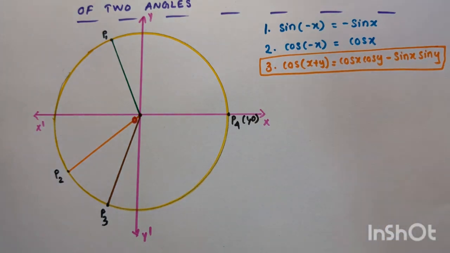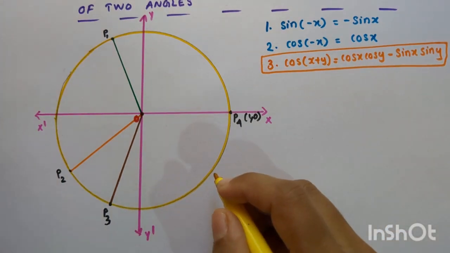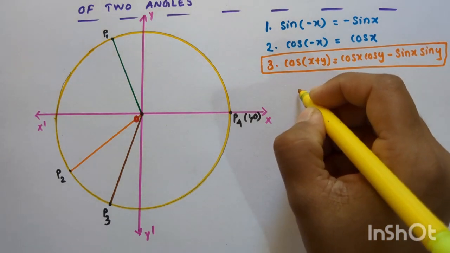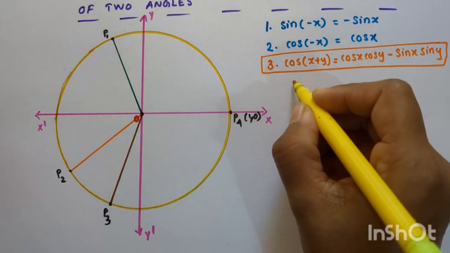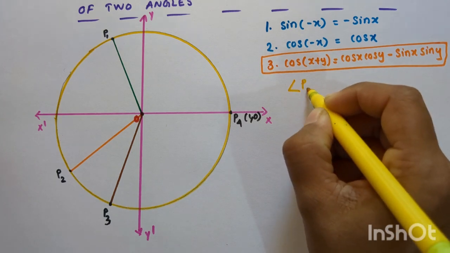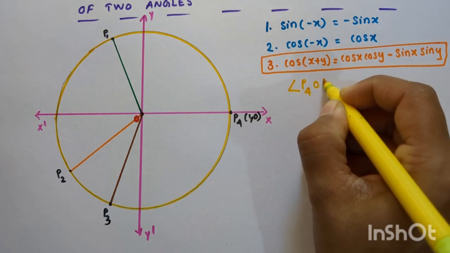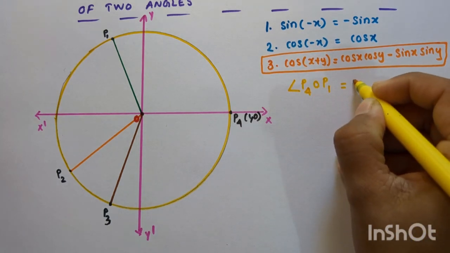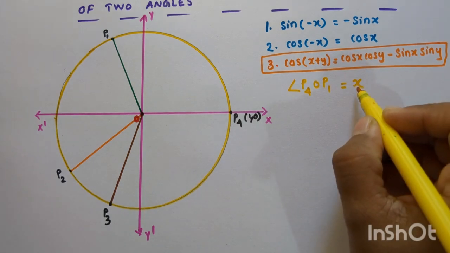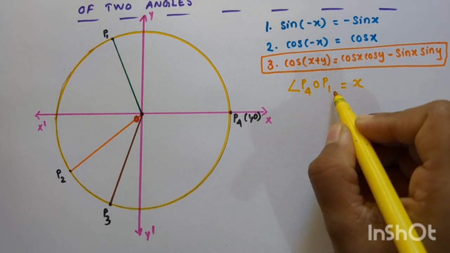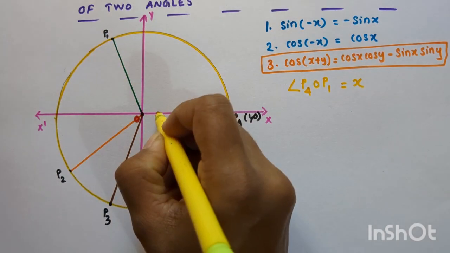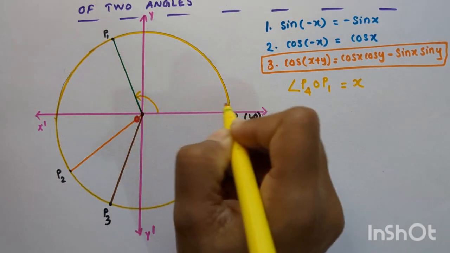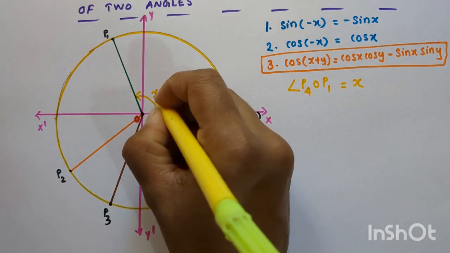Now you see, let us consider x to be the angle P4 O P1. That means this angle P4 O P1 is x.